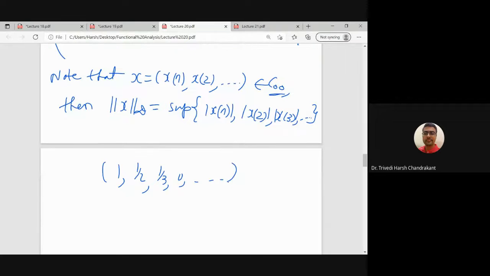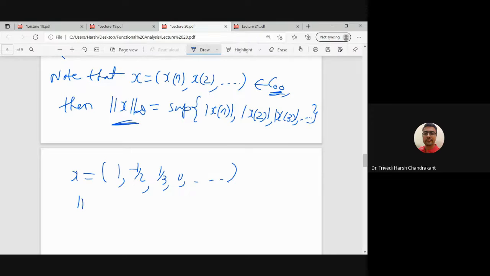This has norm 1 because if you take the modulus, the entries are 0, 1/2, 1/3 and 1. The maximum is 1, so this is a unit vector in C00 with respect to this norm.